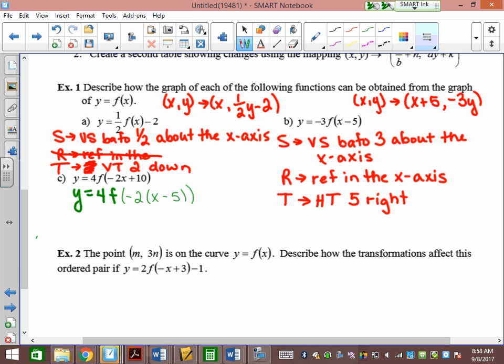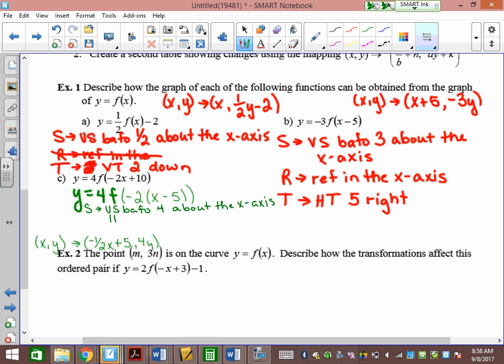So our mapping is going to be (x, y) becomes (-1/2 x plus 5, 4y). So our stretch, we have a vertical stretch by a factor of 4 about the x-axis.